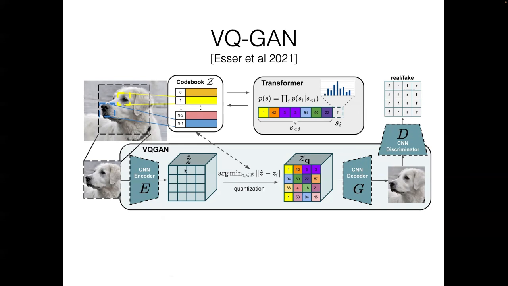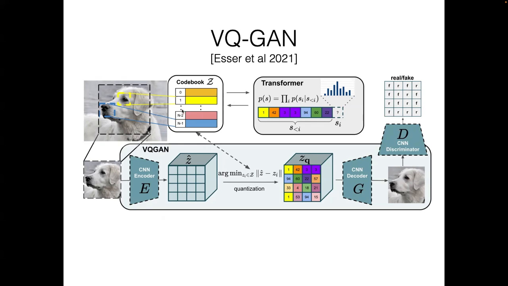You encode your image, and here you can see it has this codebook, and it's doing this nearest neighbors lookup, and you get this discrete representation, and then you pass it to a decoder. The only difference is that now you have a different objective, the one I told you about before, where you have a discriminator trying to detect whether a patch is real or fake.